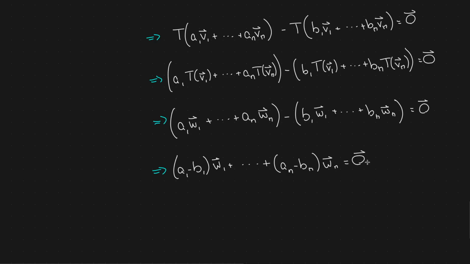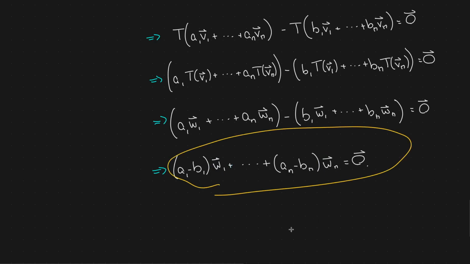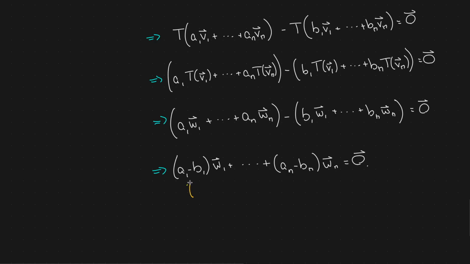But now we're going to use the fact that w1, w2, all the way to wn, that's a basis for vector space W, and so therefore these vectors are linearly independent. And so this homogeneous linear combination equation only has one solution, namely the trivial solution, where a1 minus b1 and an minus bn and all the other coefficients are equal to 0.